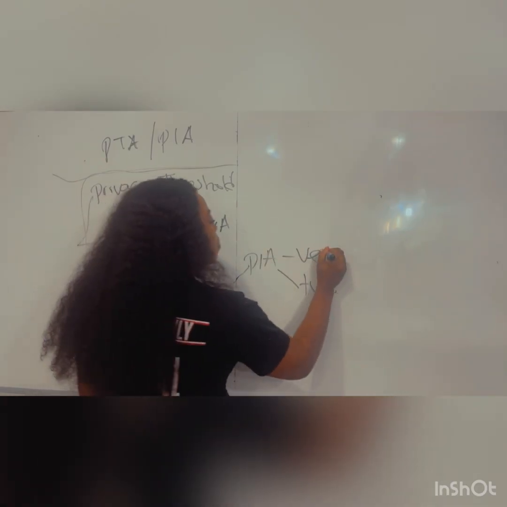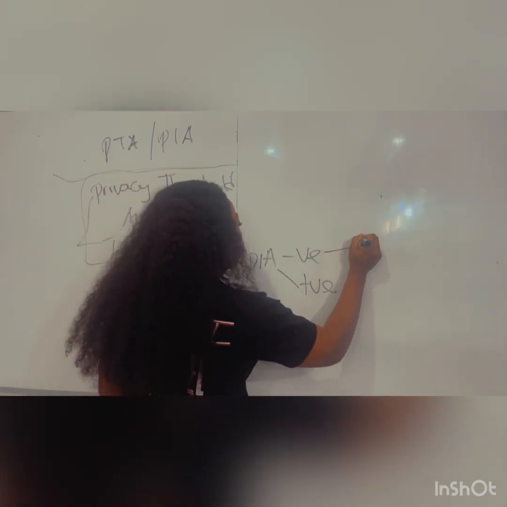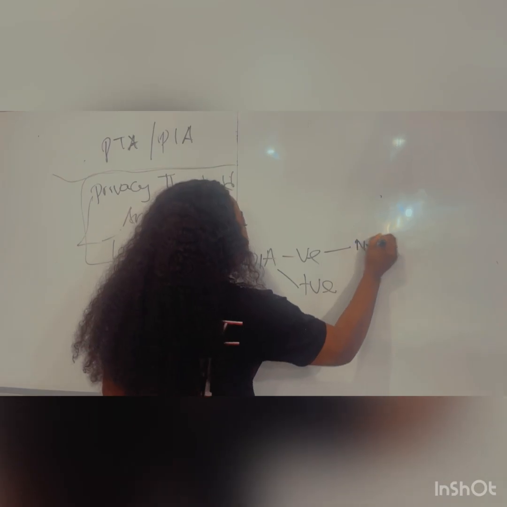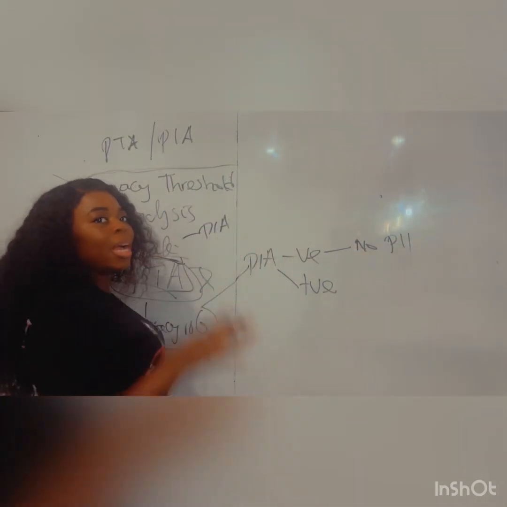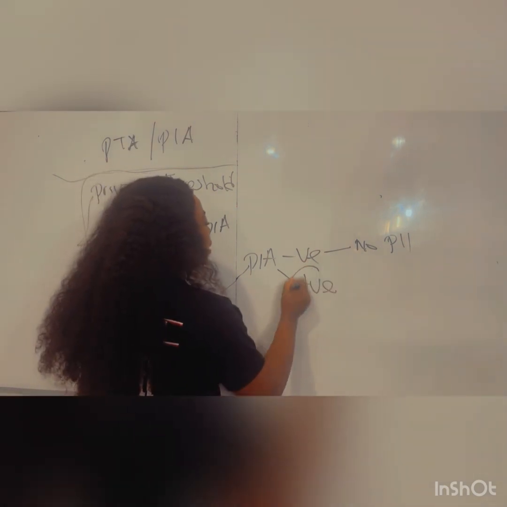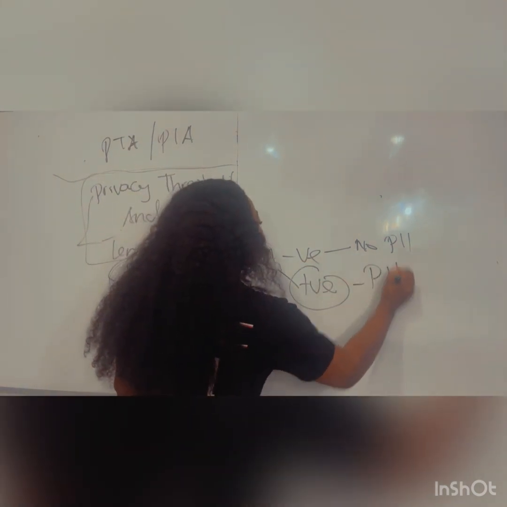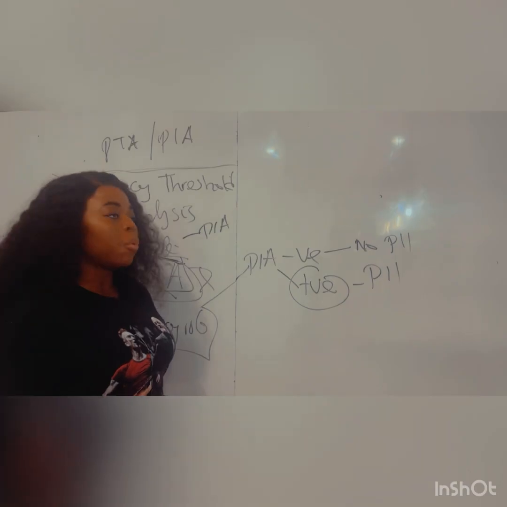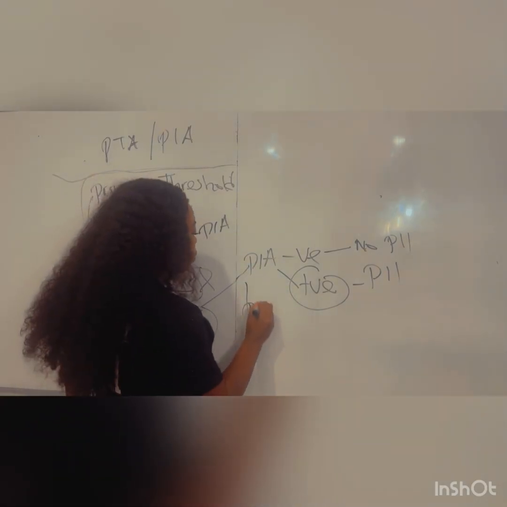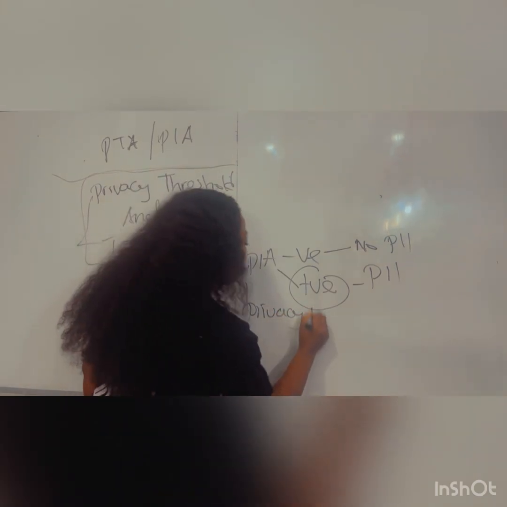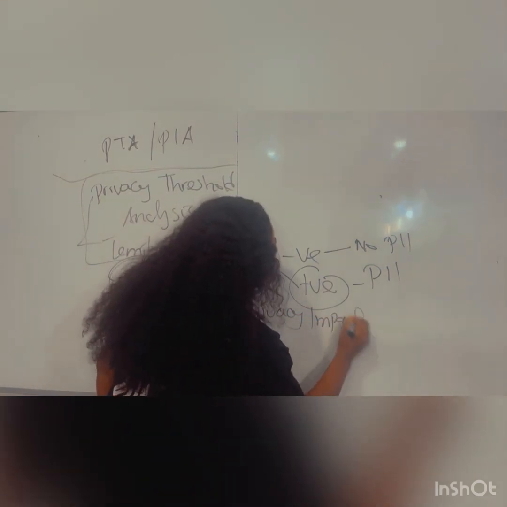PIA negative means that this system does not collect enough PII, so we are good at that point. But when the system is positive, it means that it collects PII, personally identifiable information, and that's why we need a PIA. PIA stands for Privacy Impact Assessment.